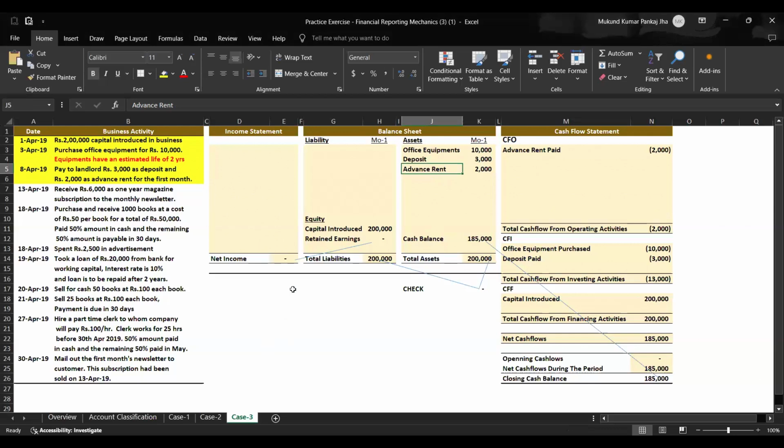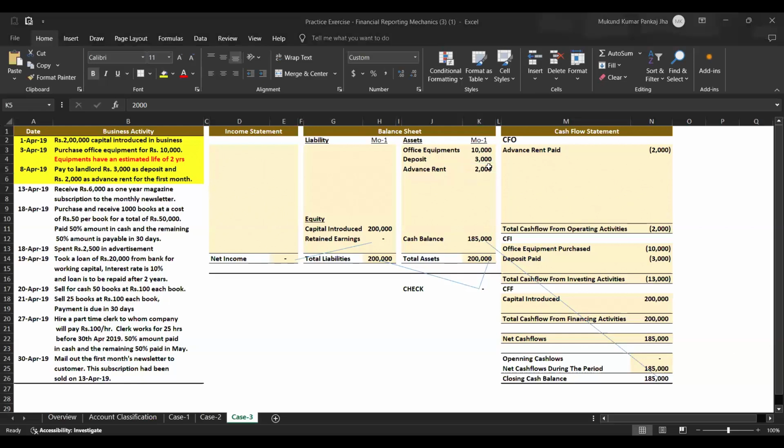So if I cancel the contract, don't you think you are liable to pay me back that 2,000 rupees that I have paid you? So who owns this 2,000? What are assets? Assets are something that we own. Who owns this money till the time I have not used it? I own this 2,000. That is why I have kept it in assets.